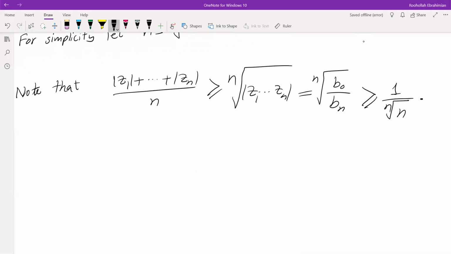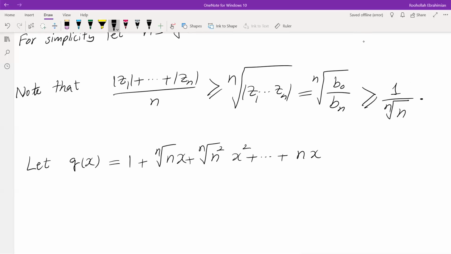Now, let q of x, I'm going to use a different variable for the name of the polynomial, be 1 plus nth root of n times x plus nth root of n squared x squared, all the way to n x to the power of n.